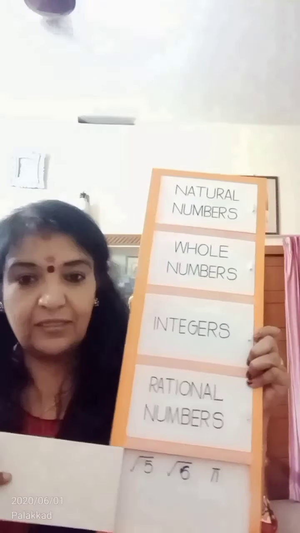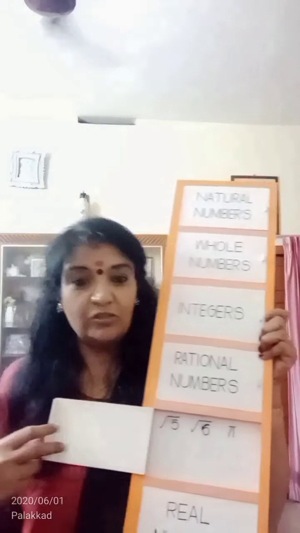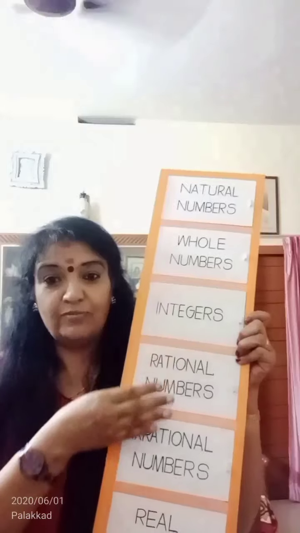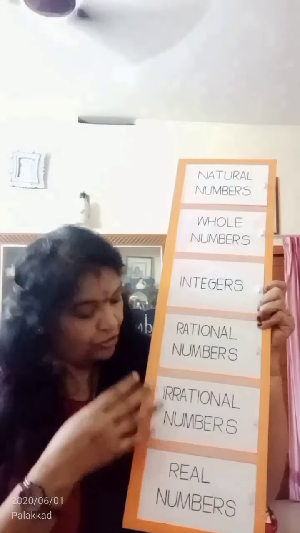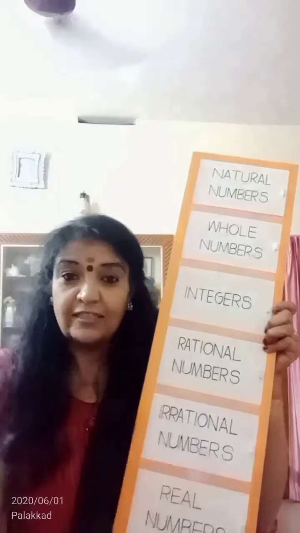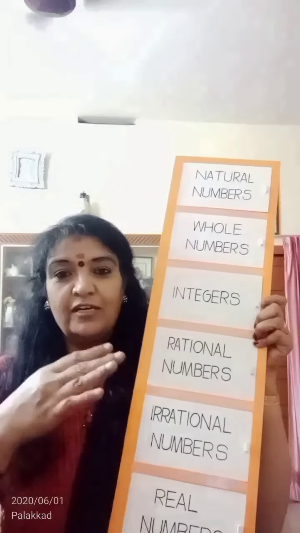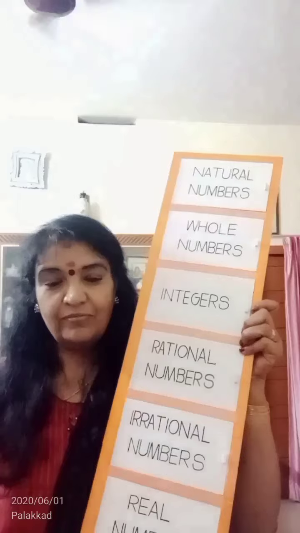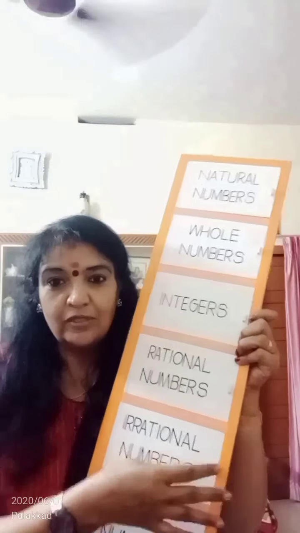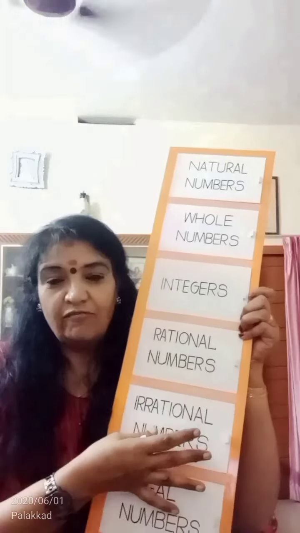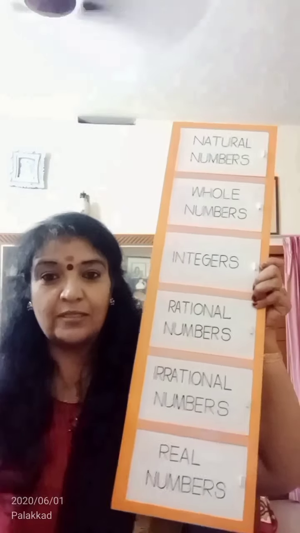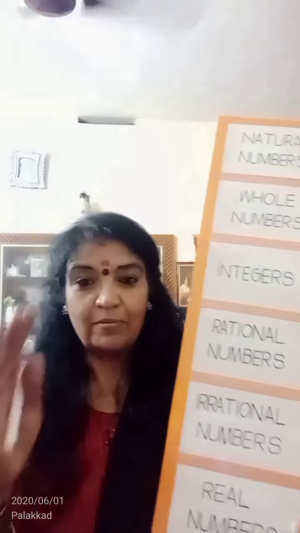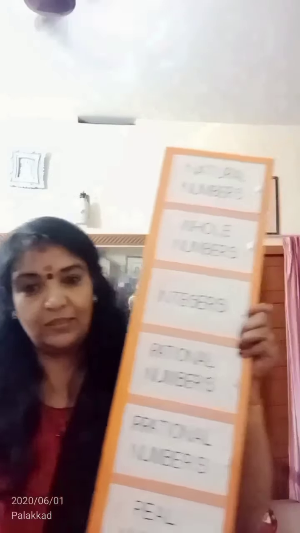So all these four number systems you have already learned. And this year you are studying another type of number system, that is irrational numbers. All this together we can mark on a number line. That is the real number system of mathematics, the backbone of mathematics.